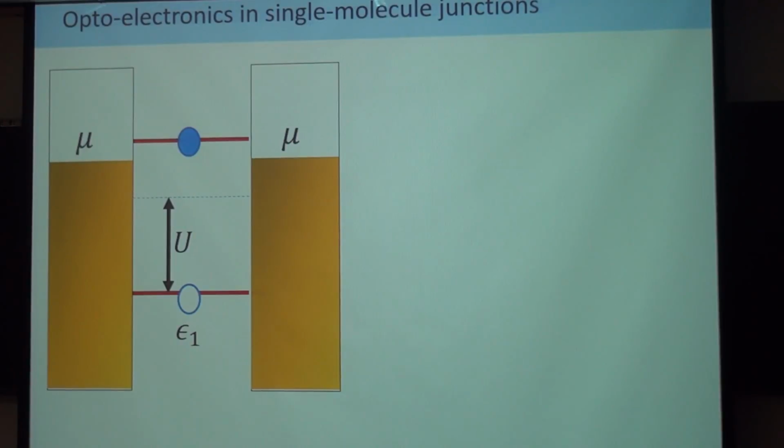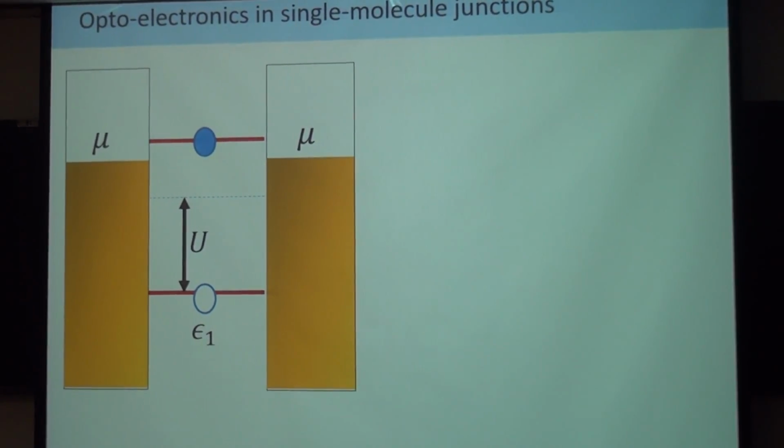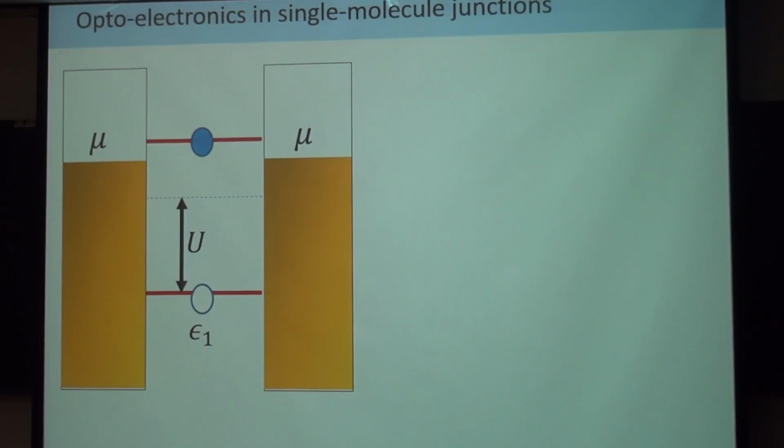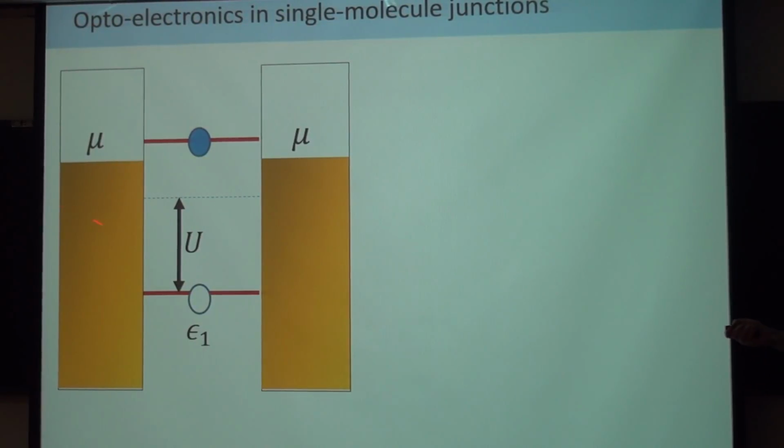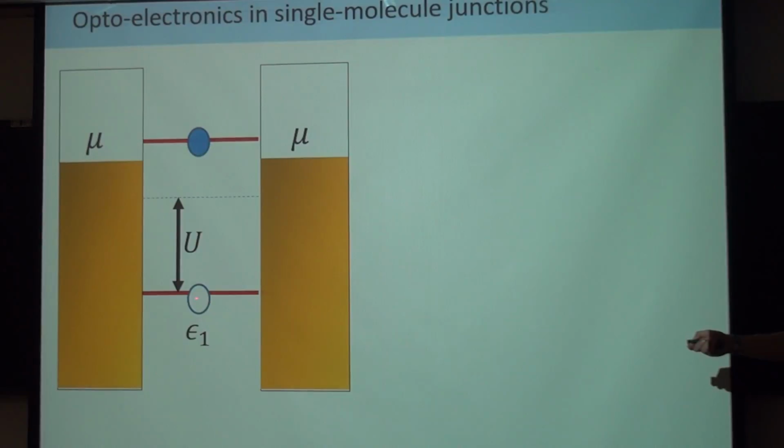I'm almost done. But what you can really do is get a design principle for photoconducting switches. Because this was the mechanism, remember: you pump an electron from here to here, and then the new electron that will hop in will see this level shifted by amount U. And if you can push this level to be in resonance with the chemical potential, this goes back to one of the first slides, where it showed that you hit the resonance in conductance when you are right at the Fermi level, right?